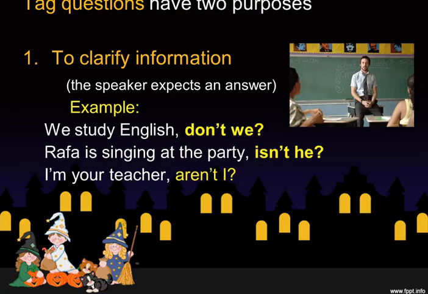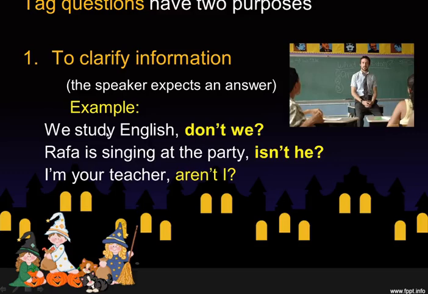You see here, we study. Study is simple present tense. So while we are using a present tense in the statement, we have to use its negative. This is the way we make the question tags.